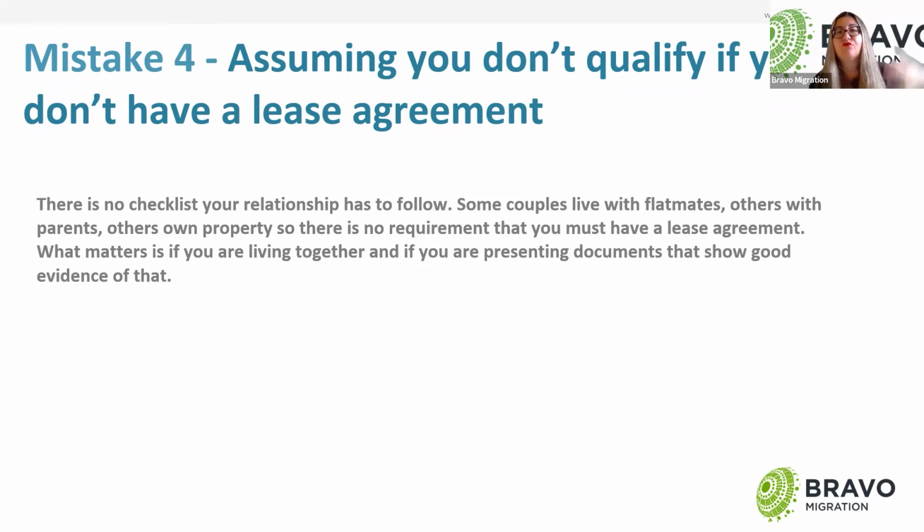Or we as a couple rent a room from someone who then rents a room, share accommodation to the max. There's no requirement in the partner visa that you must have certain documents to show evidence of your cohabitation. The requirement is that you show evidence that you have been living together. But there are many ways of doing that, and the ways vary according to your circumstances.